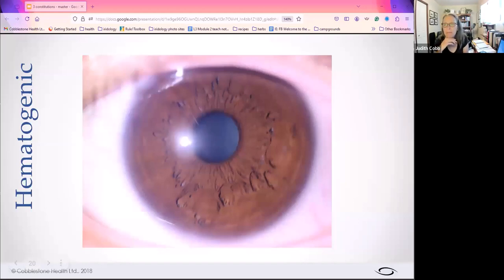So people with hematogenic irides are inherently predisposed to things like imbalances with their spleen, stomach and digestion, circulation and heart, varicose veins. They tend to run the risk of running a little too alkaline. Now that's a problem because we need the acid levels in order to actually assimilate the minerals.